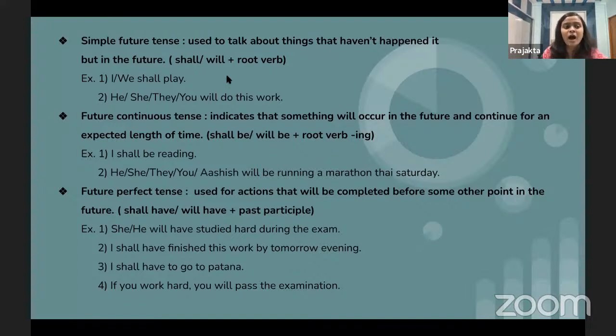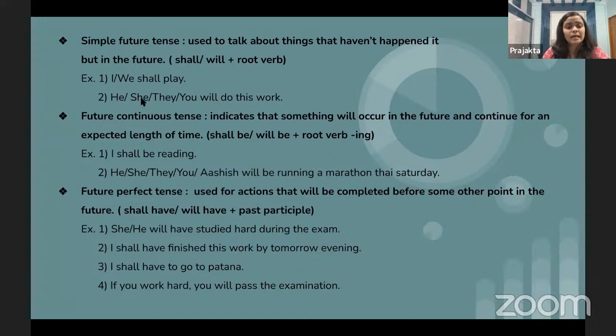Okay, generally I और we के साथ shall use किया जाता है. Okay, but still we can use shall and will, both helping verbs. I shall play, मैं खेलूंगा. We shall play, हम खेलेंगे. ठीक है. He, she, it, they, you will do this work. Okay, he third person, she third person, they third person plural, you second person and second person plural also.